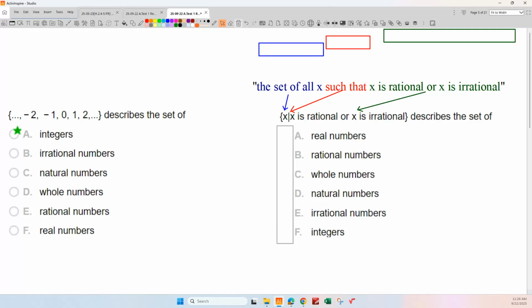Whole numbers have to be real numbers, wouldn't it? The whole numbers wouldn't work because whole numbers are a subset of rational numbers, right? They don't even contain all the rational numbers, right? They just contain some of them, but they don't contain any of the irrationals. The only one that works is the set of real numbers. That's the set of all the rationals and the irrationals combined. That's everything. All numbers are either rational or irrational.